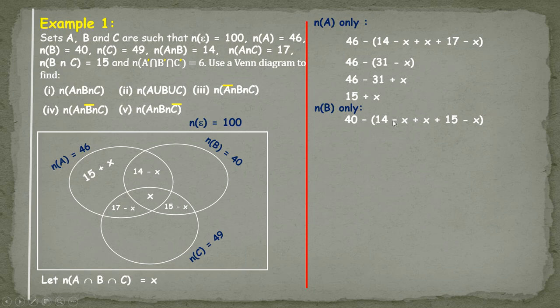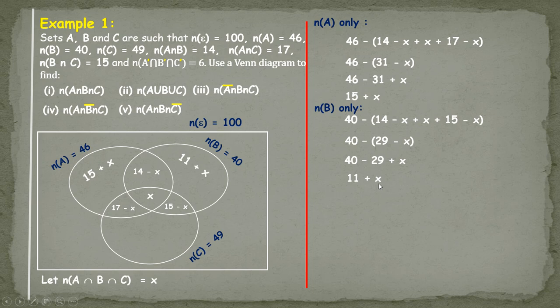Now the x's will cancel, meaning that we shall have 14 plus 15 giving you 29 minus x. So 40 minus 29 minus x. Now similarly, this negative and this will make the x a positive. So 40 minus 29 plus x, that gives us 11 plus x. Now you take it there.